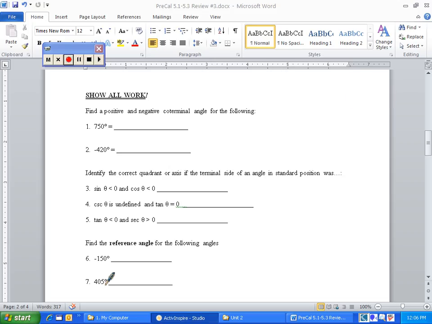That's too big. That's more than one rotation. So I'm going to subtract that by 360 so I can get it to be within this unit circle. So that gives me 45. 45 is in the first quadrant, which means I don't have to do anything else because it's between 0 and 90. Okay?